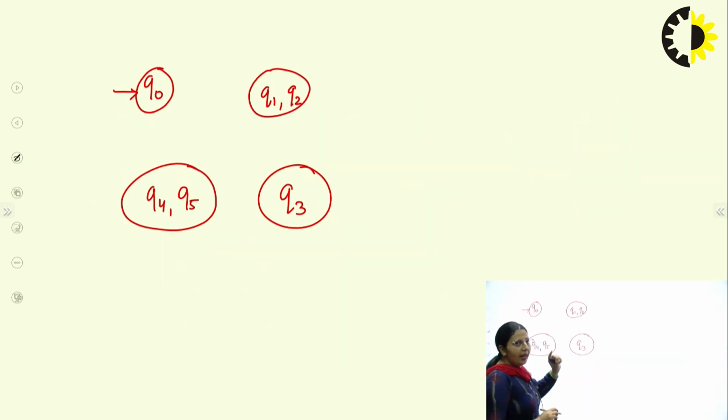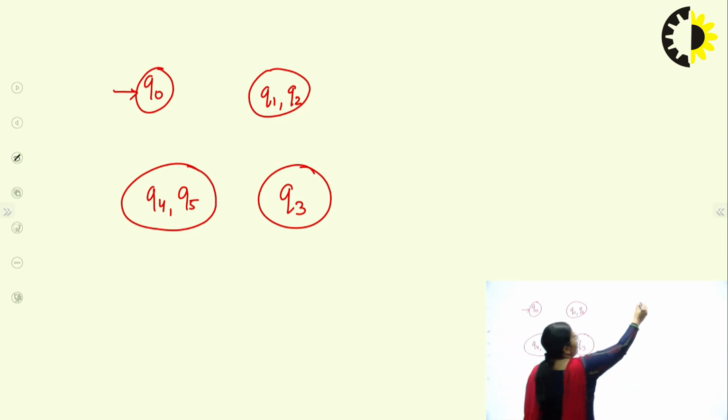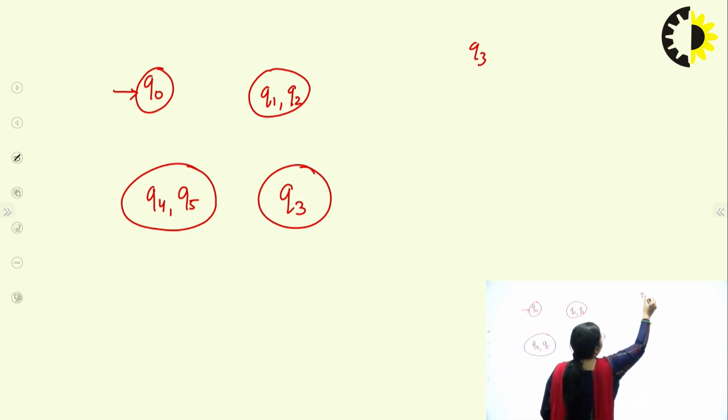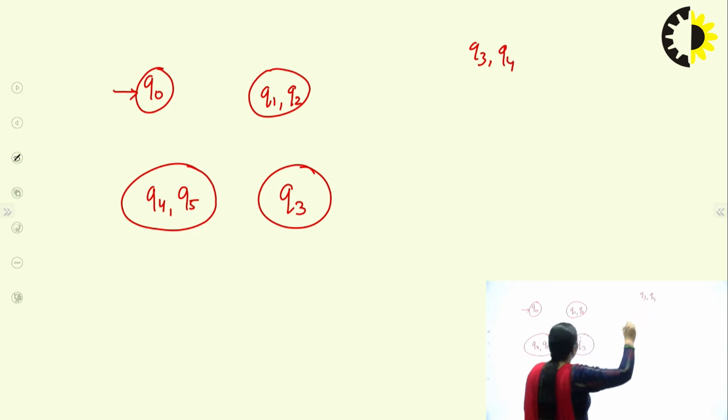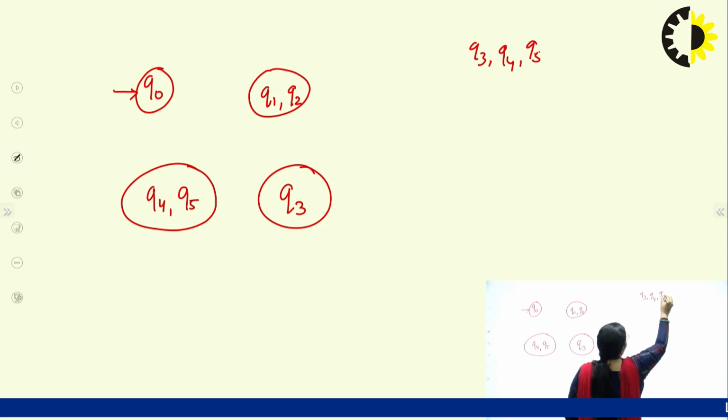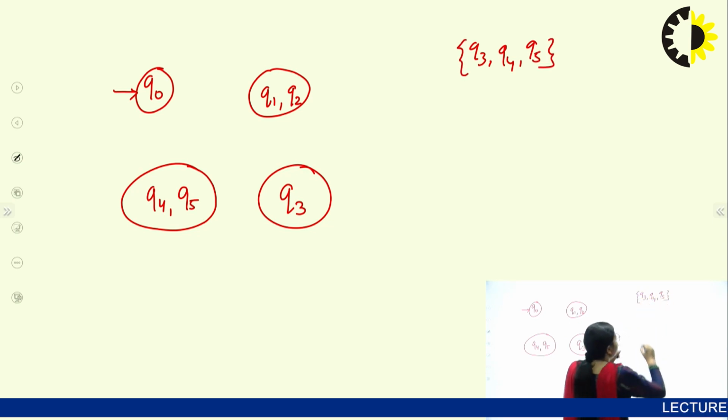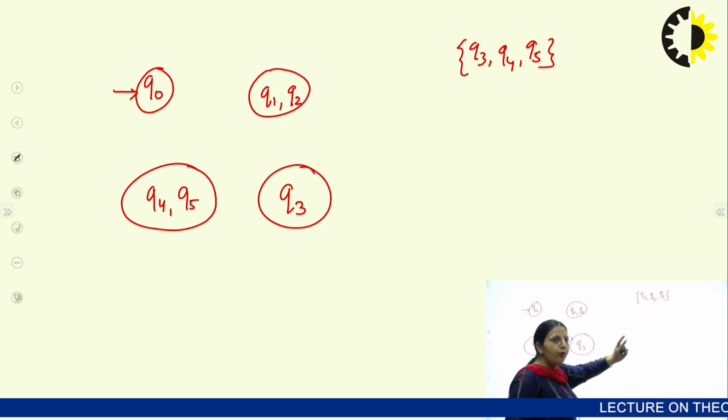Now, as in the previous DFA, Q0 is the initial state, and in the previous DFA the states Q3, Q4, Q5 were the final states. How can we mark the final states?